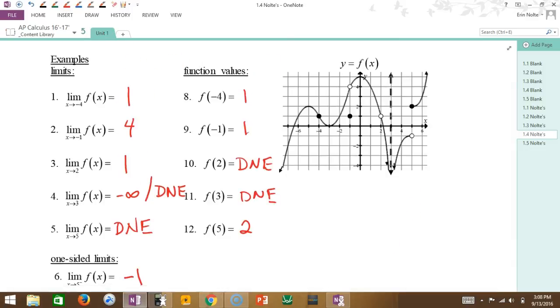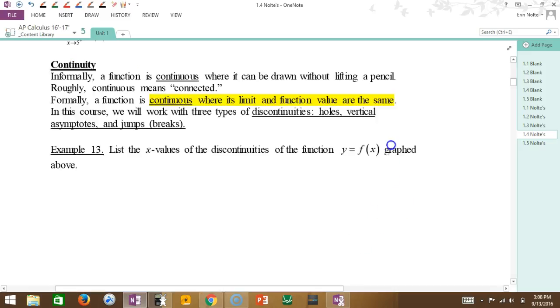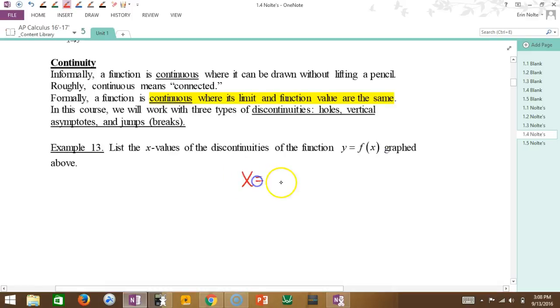Where do you see a hole? 2 and -1. Any vertical asymptotes? At 3. And any jumps? At 5. So we have discontinuities at x equals -1, 2, a vertical asymptote at 3, and a jump at 5. Easy peasy?